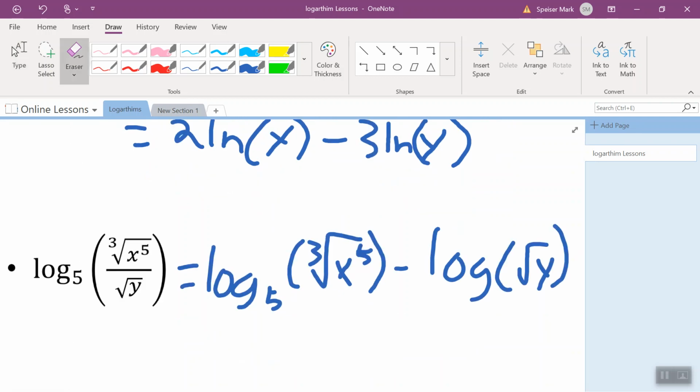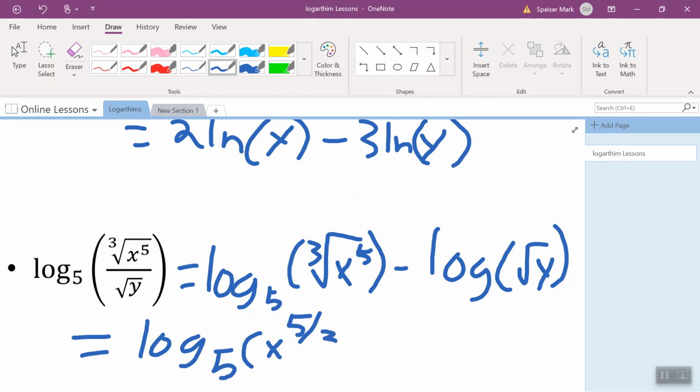Then you rewrite both of them as exponents. So log of x to the 5/3, the number inside becomes the numerator, the number in the index becomes the denominator, minus the log of the square root of y, which is y to the 1/2 power.